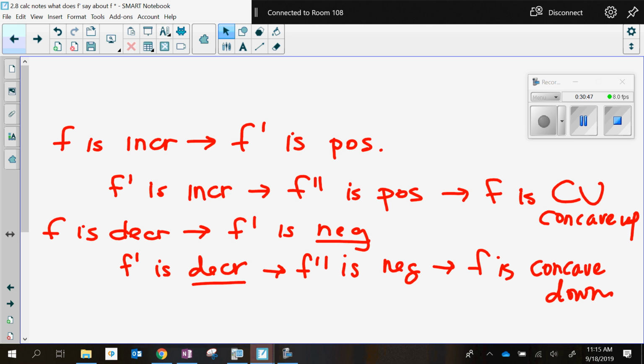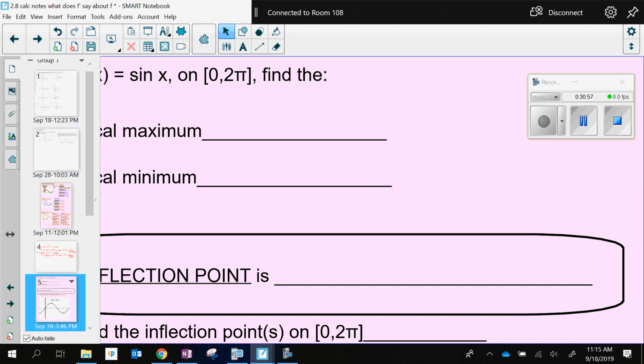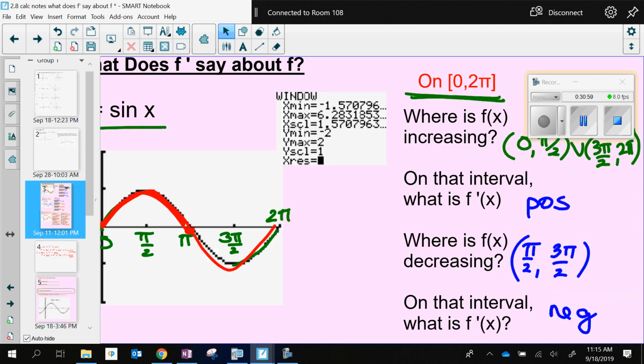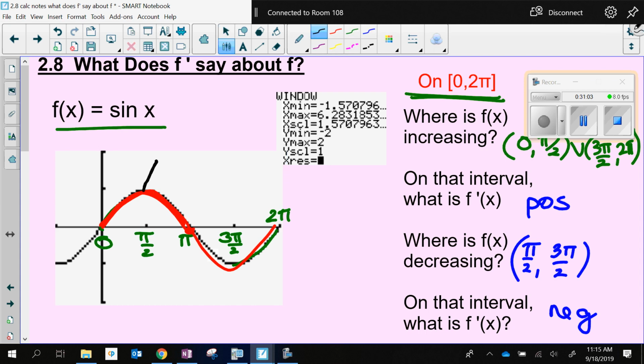Got it? All right. Let's talk about sine of x on 0 to 2 pi. What's the local max? You have to look at the picture. It'll be right here. Where is that found?